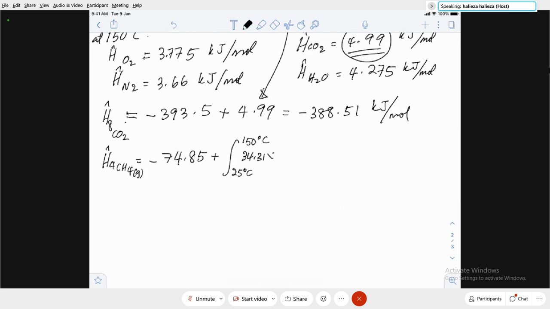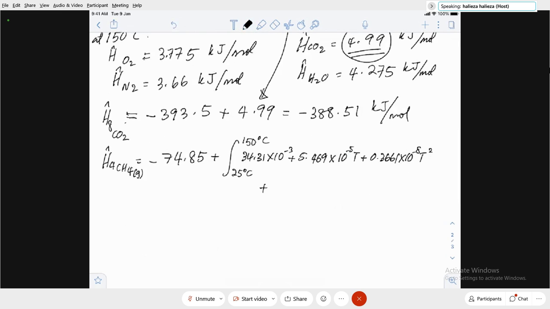34.31 times 10 to the power of negative 3, plus 5.469 times 10 to the power of negative 5 T squared, plus 0.3661 times 10 to the power of negative 8 T cubed. I'm trying to squeeze everything in so that I can have it in one line, but I cannot make it in one line.